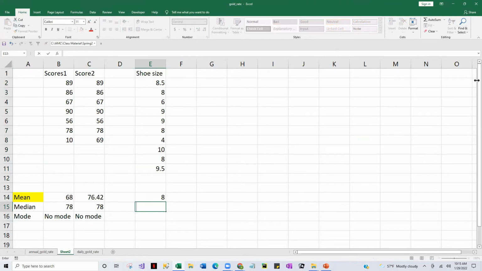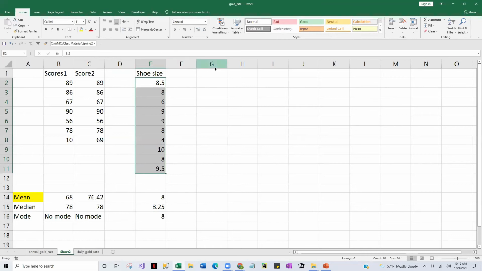Median is going to be this. And you want mode. Mode is 8. Okay. So what do you like? Is the median 8.25? Oh, median 8. Let me show you that.